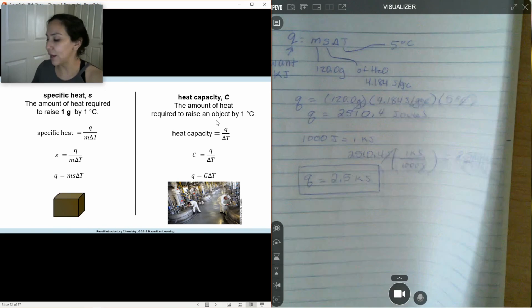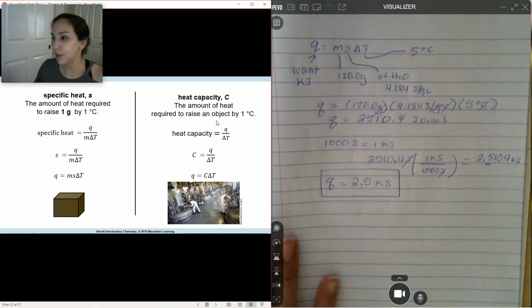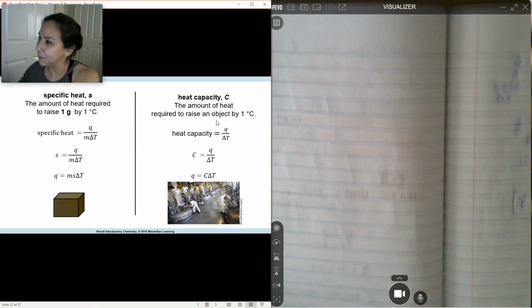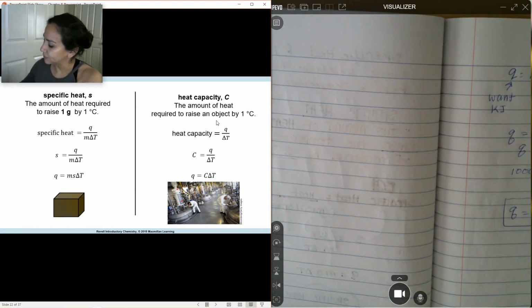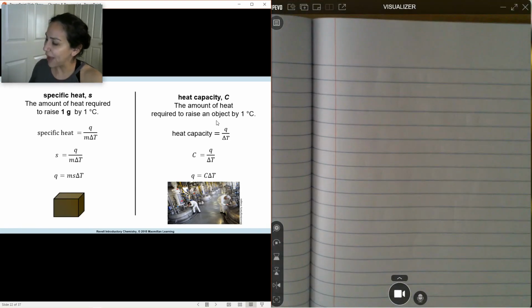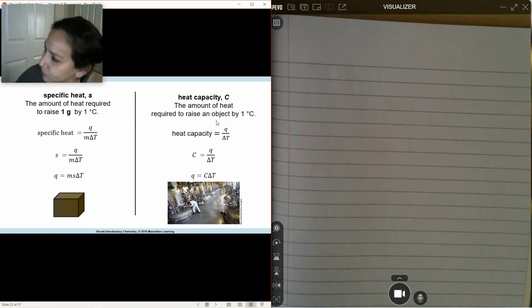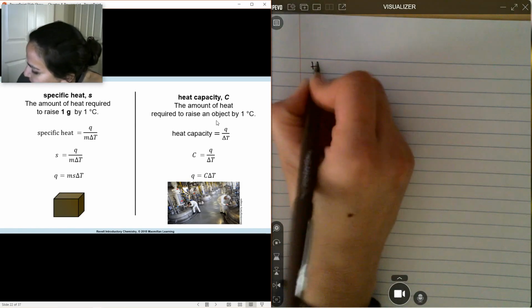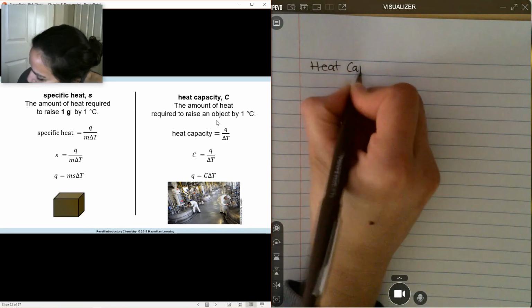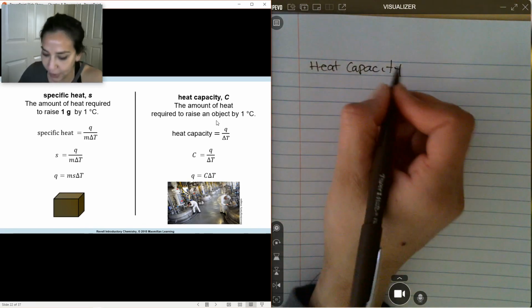And let's go ahead and write down our heat capacity. I was going to write it on the back, but then I'm like, yeah. Heat capacity. Okay.